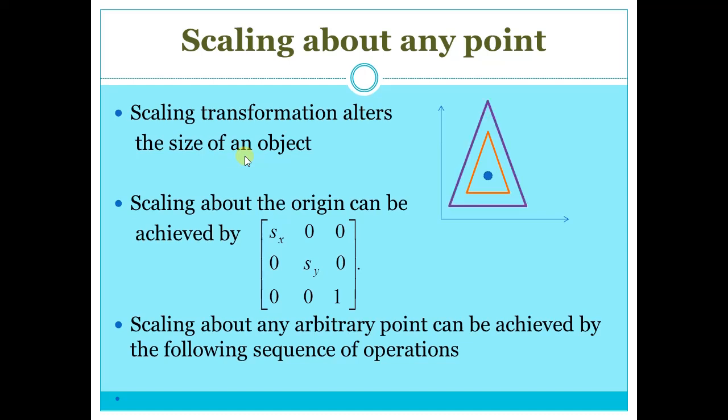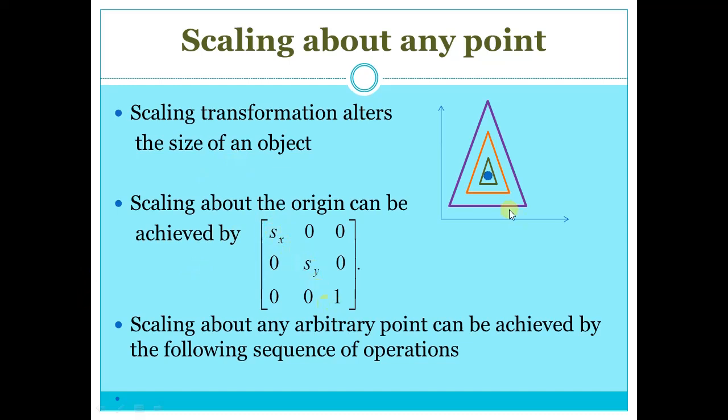Scaling transformation can increase the size of a triangle or can also reduce the size of a triangle about this pivot point. Scaling about the origin can be achieved by Sx and Sy, these are scaling factors.